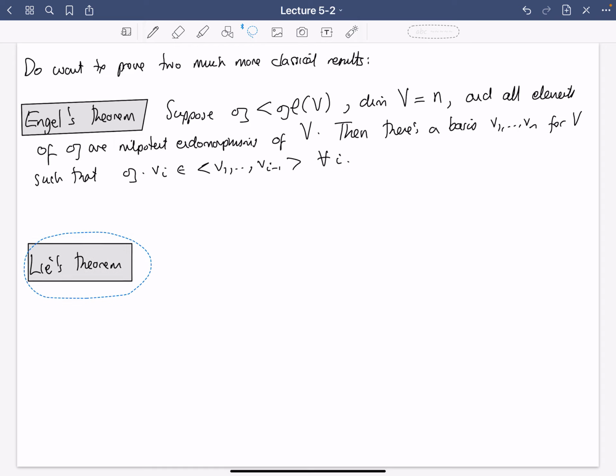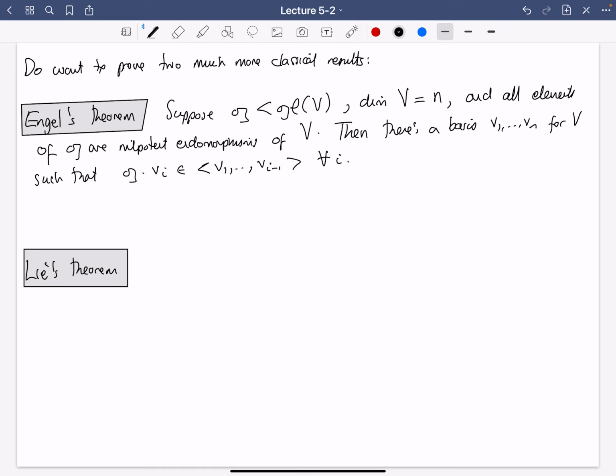So that's Engel. And Lie's theorem looks a little bit similar, so let's write down Lie's theorem at the same time so you can compare them. So again, G is a linear Lie algebra, a subalgebra of GL(V) for some finite dimensional vector space V. And this time we assume that G is solvable.